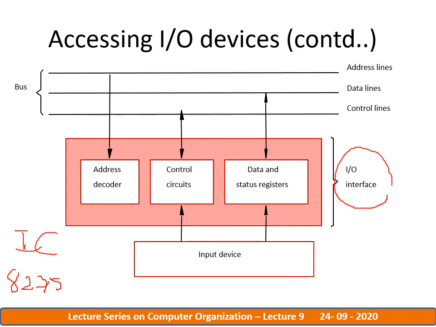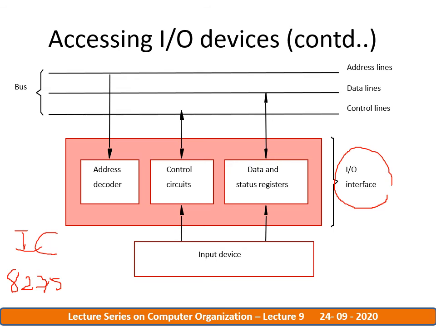Whether the data registers are empty or full, those status signals of the buffer registers can be stored in a status register. The status registers are nothing but SIN and SOUT flag registers, which are used by the processor to verify the status of the device.